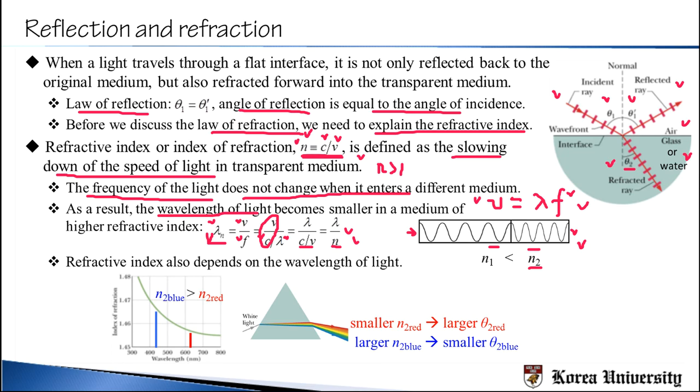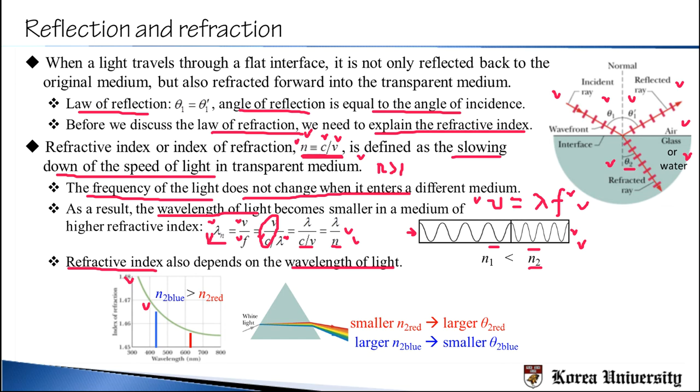Okay. And another thing we have to mention is that this refractive index also depends on the wavelength of the light, which means that even inside the same medium of the same property, refractive index is actually not a constant. It is different depending on the wavelength of the light, and typically if the wavelength is shorter, then the refractive index will become larger.